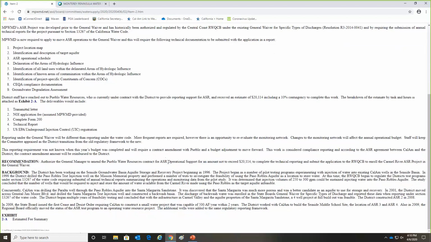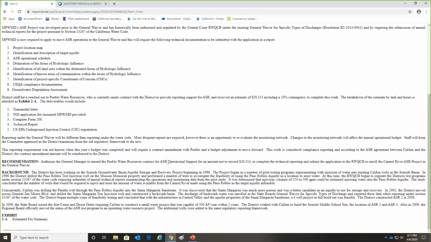Kind of the history of this is we came around with this program prior to this general order being signed into place. And we had the same regulator that had regulated us from the regional board all through the development of the project. He has since been promoted and our project came onto someone else's desk, and they said this should really be over here. And so we're working with them.